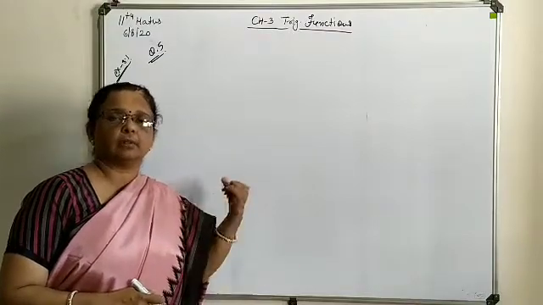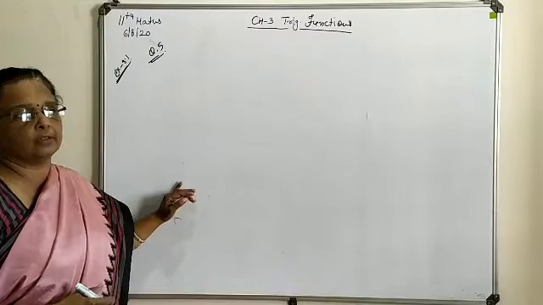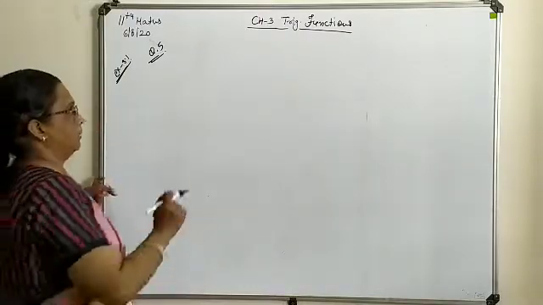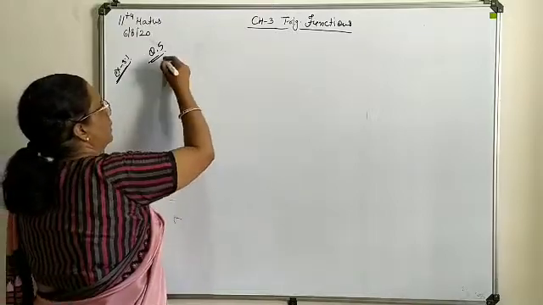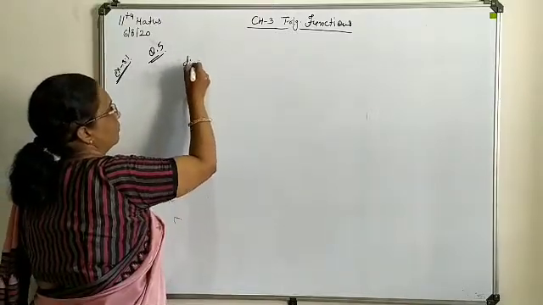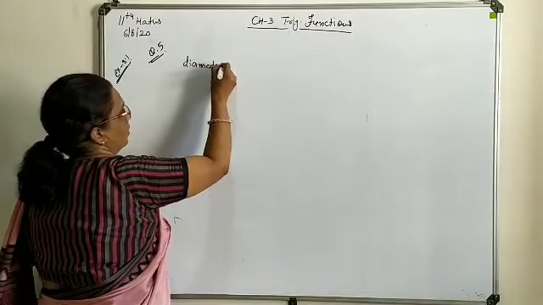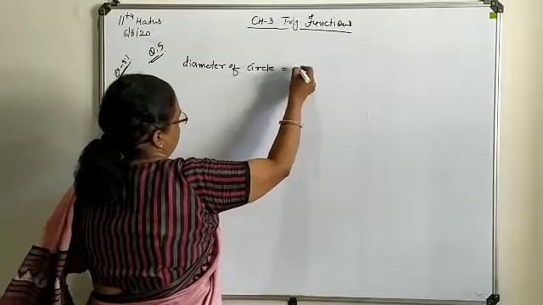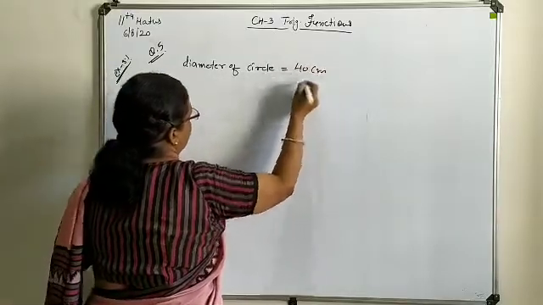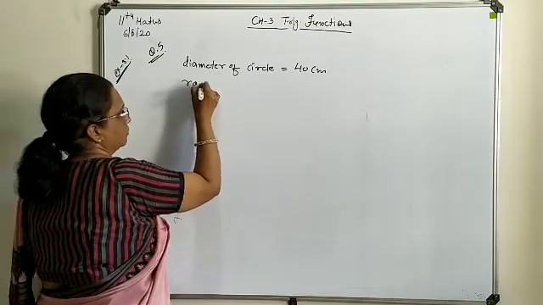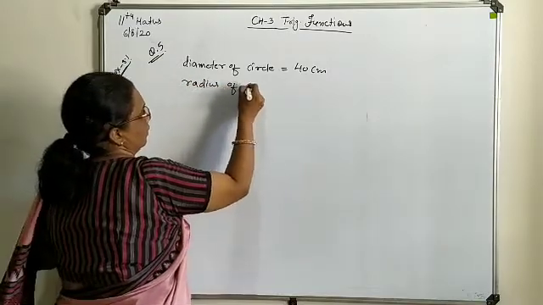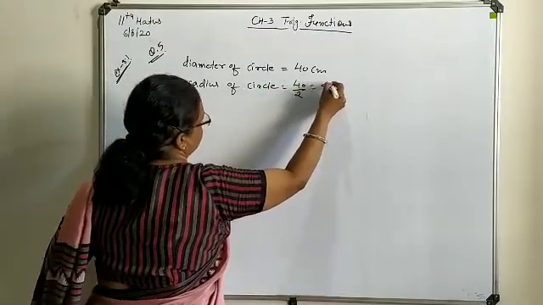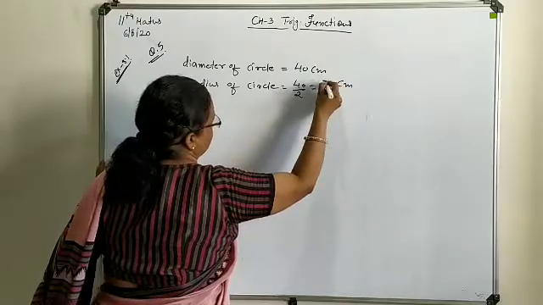So these two things we are going to locate in a diagram, so it will be clear what angle is going to be formed inside the triangle along with the given chord. Here the diameter of the circle is given as 40 centimeter, so the radius of the circle is half of this, which means 20 centimeter.